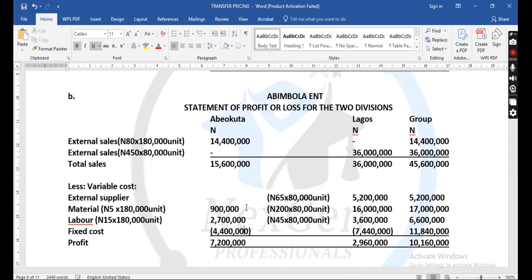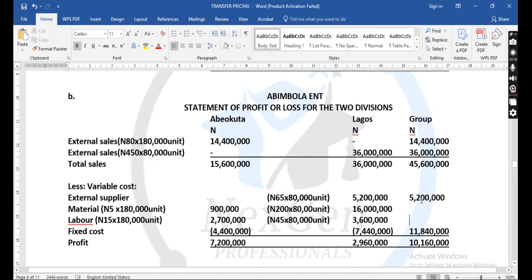Then this total will change as well. You have not been changing the total. That's what I wanted to tell you. The total for Abeokuta is 14,400,000.